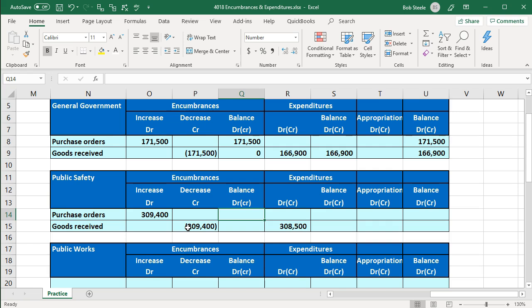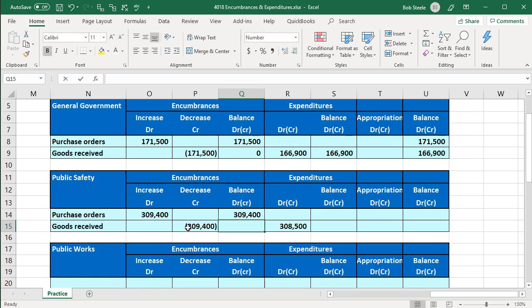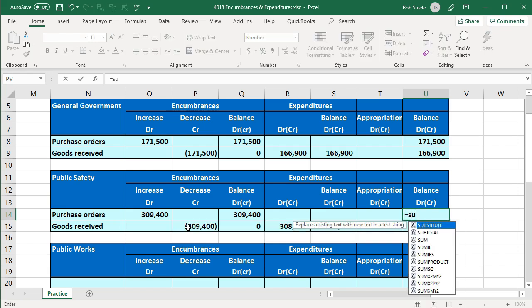So then we're going to say here, we'll say that this is equal to the sum of these. This is equal to the prior balance plus the sum of these two, bracket it off and close it up. And then we'll say this one, expenditure equals this, and then the total is going to be equal to the sum.